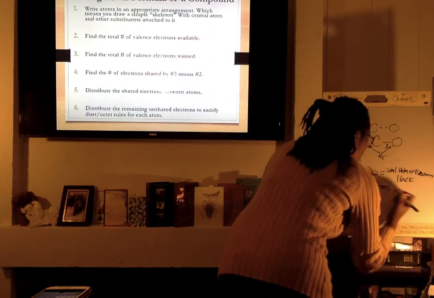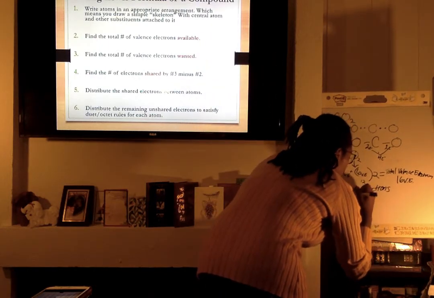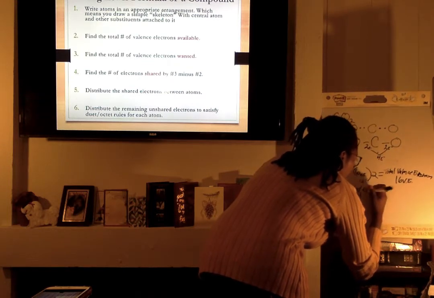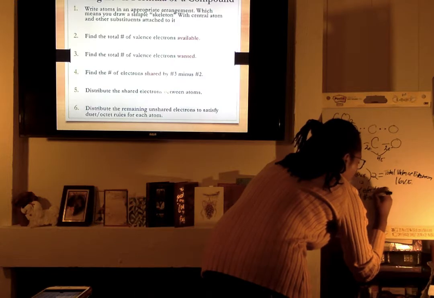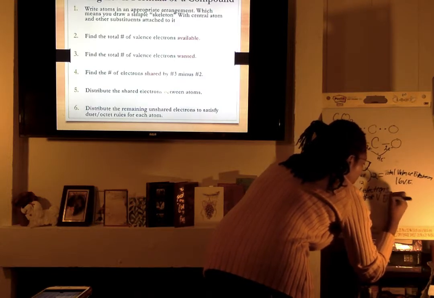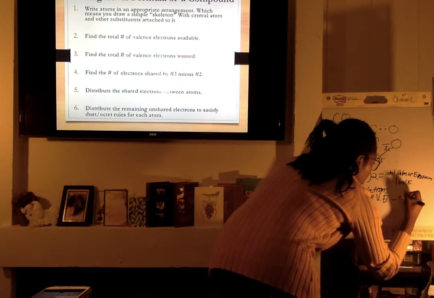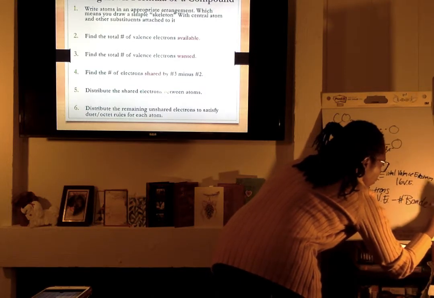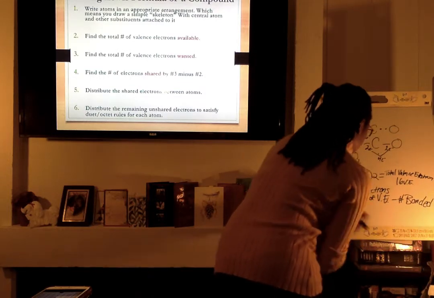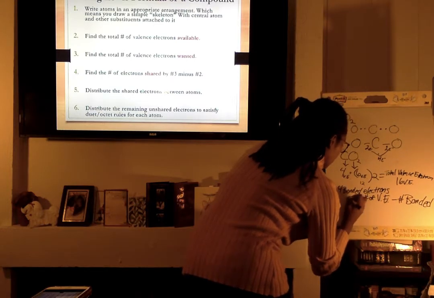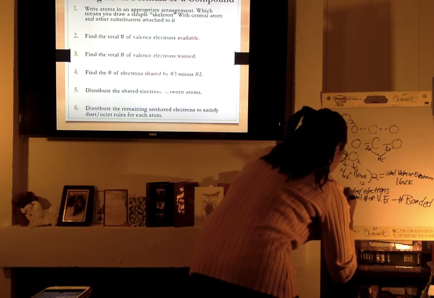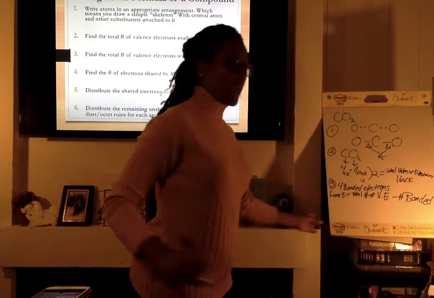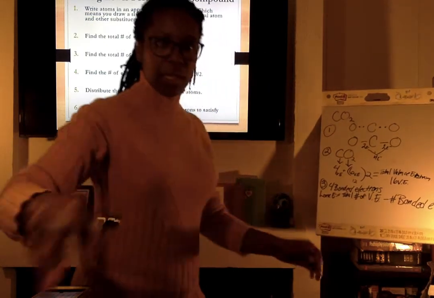So what you're going to do is take the total number of valence electrons minus the number of bonded electrons. Lone electrons. Okay, hopefully you can see this.